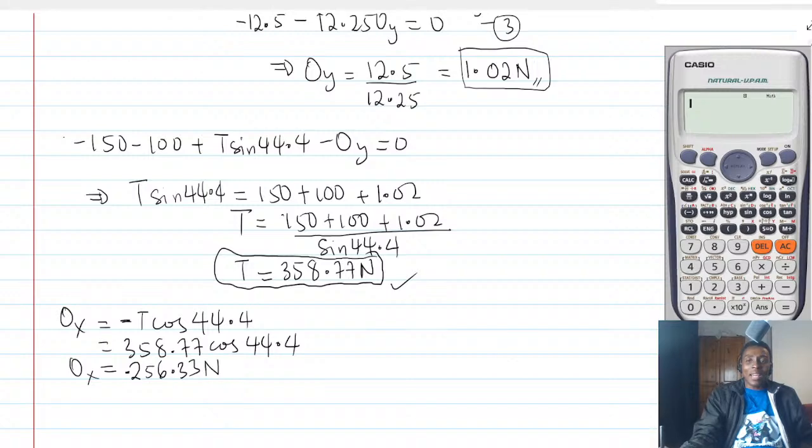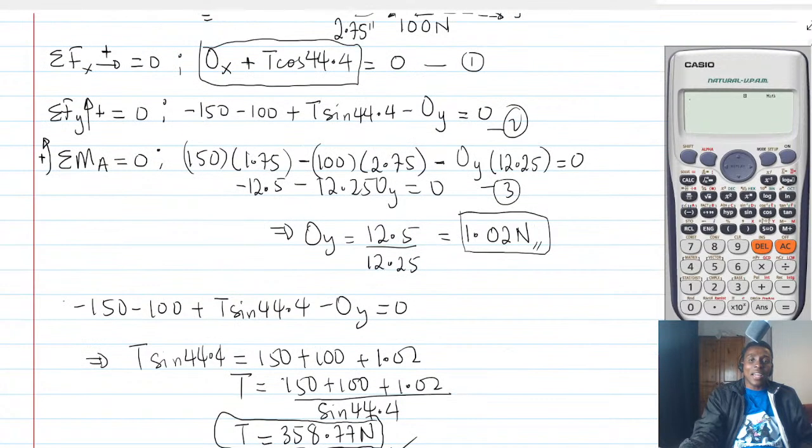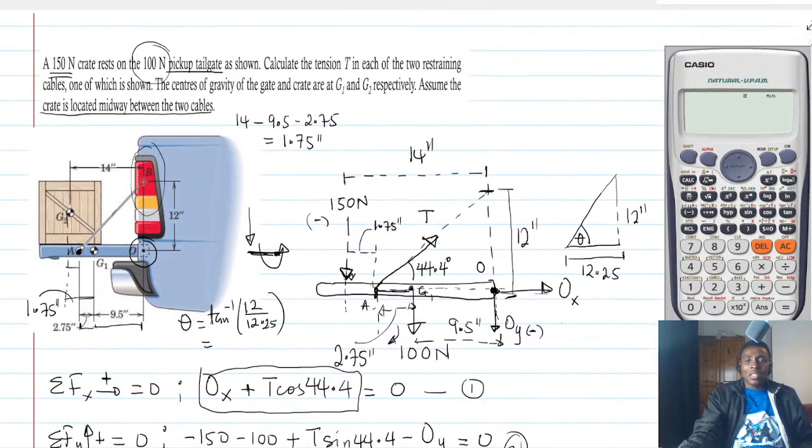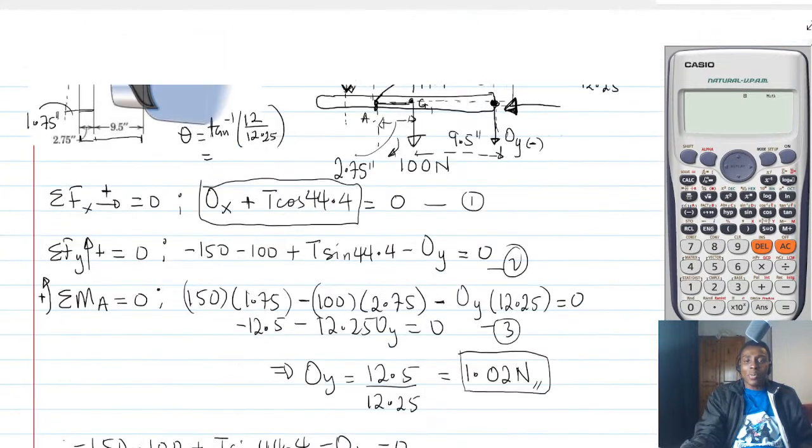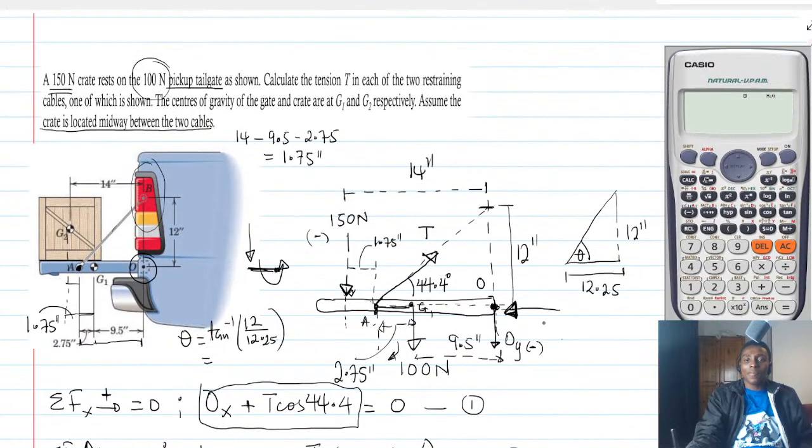The minus sign here tells us that OX is actually going inside and not coming outside. So OX is going inside, and it is 256.33. Alright, so that is it actually.